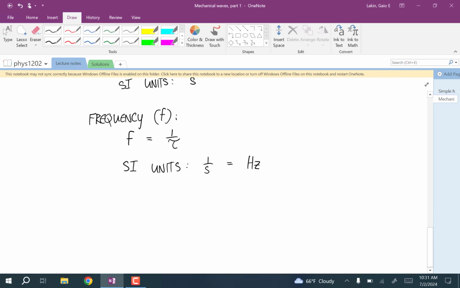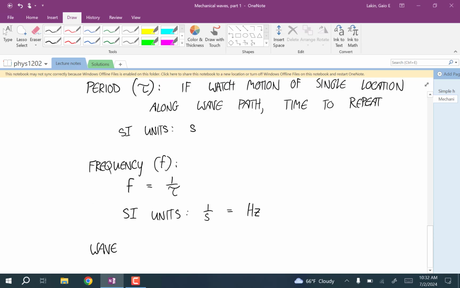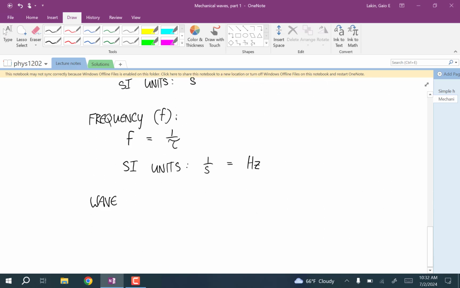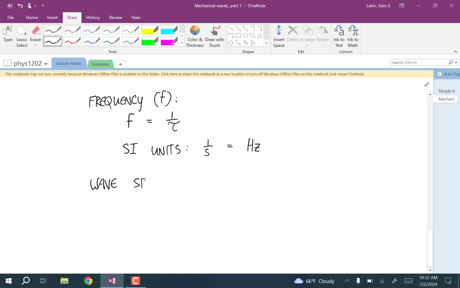And the last term that I want to bring up now is one that connects these two ideas, one being period or frequency, and the other one being the wavelength. And this is the wave speed.